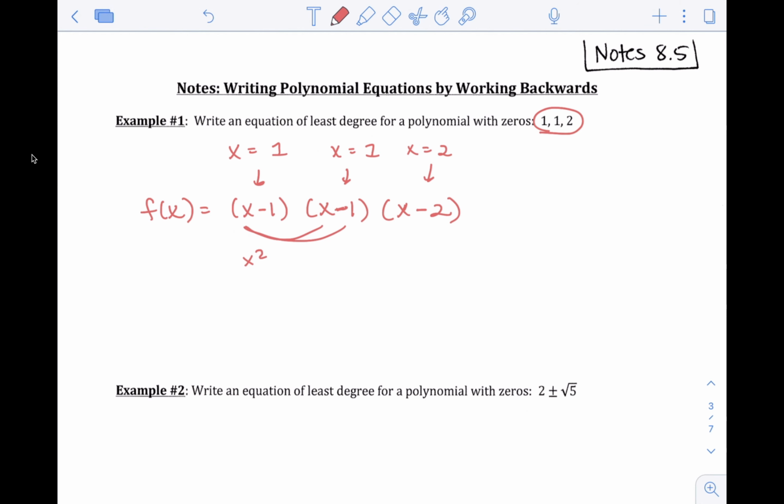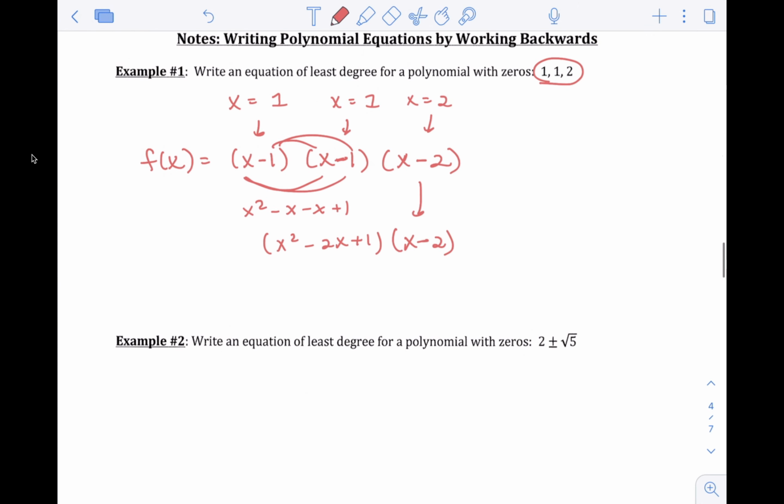So we have x squared minus 1x minus 1x plus 1. We clean that up, and we have x squared minus 2x plus 1. We drop down x minus 2, and we just big FOIL.